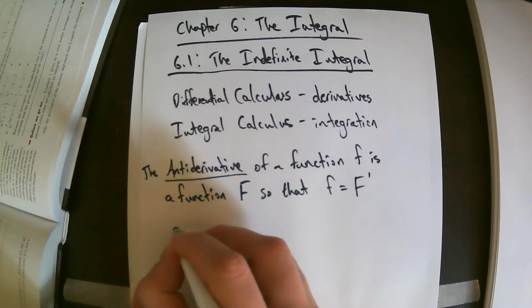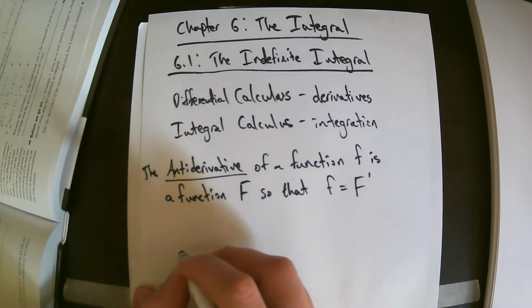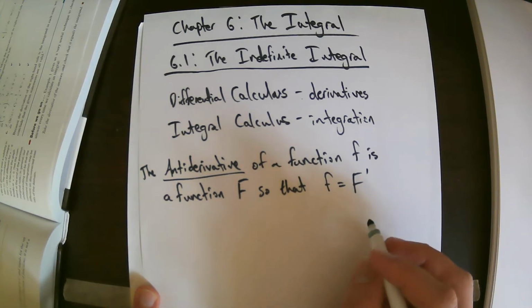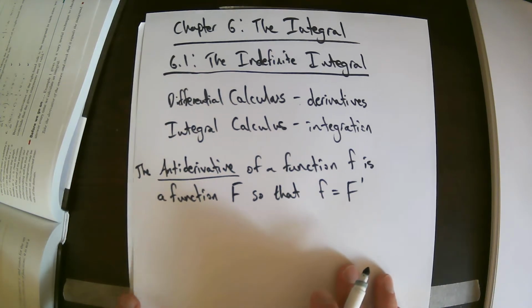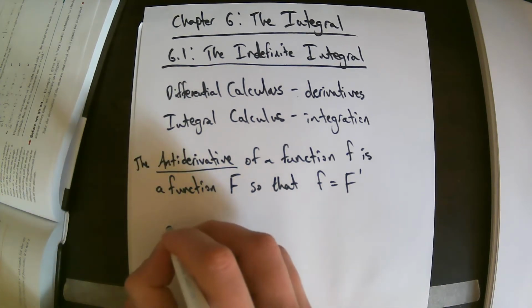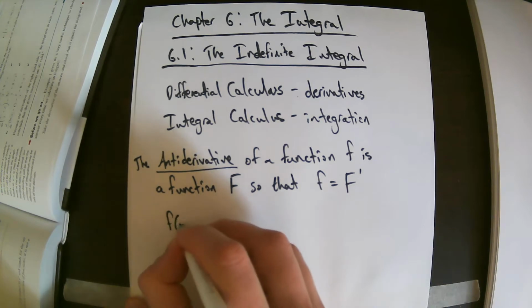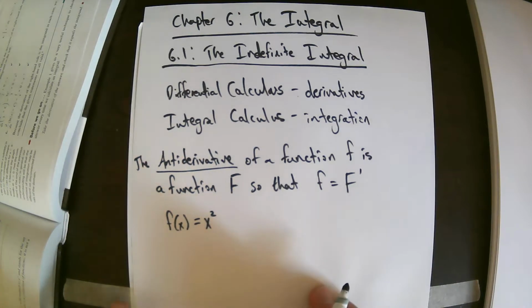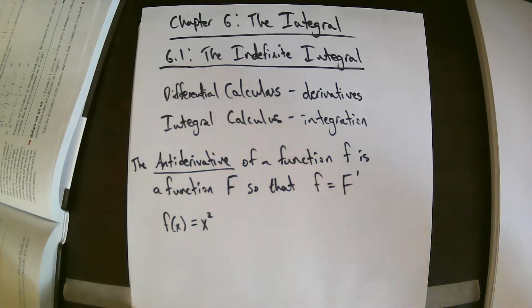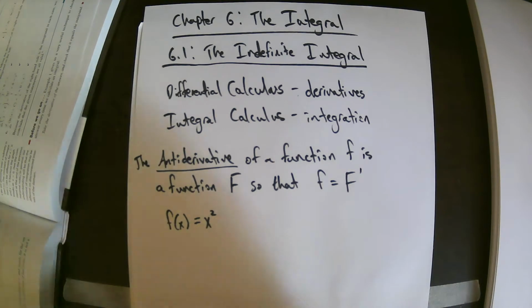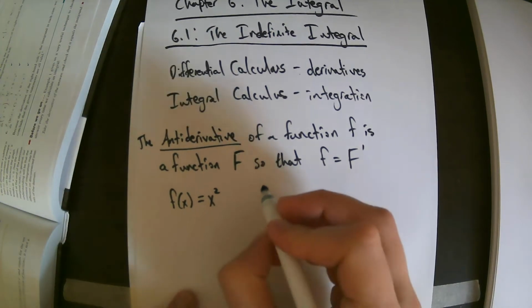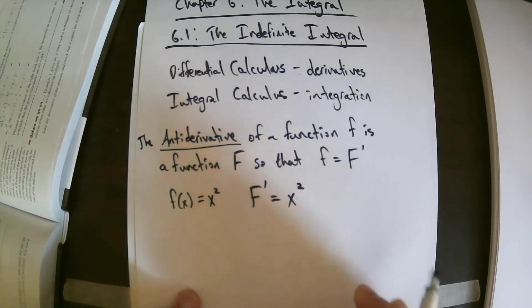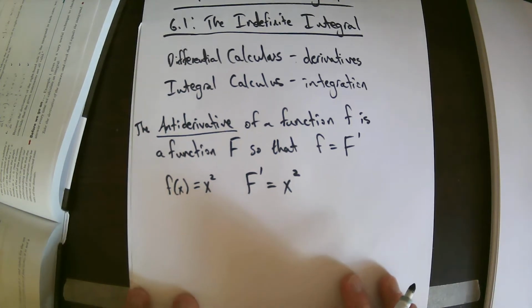if f of x is equal to x squared, then we need a function capital F so that F prime is equal to x squared.